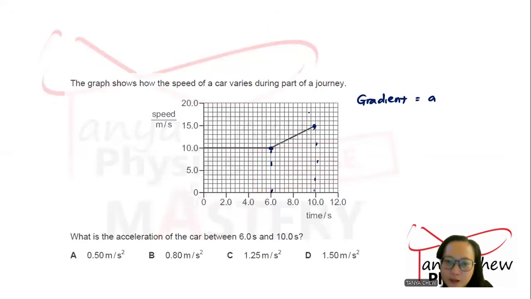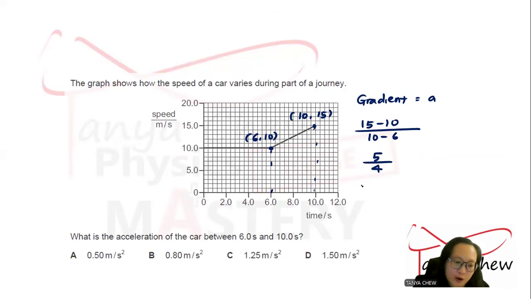Get two coordinates: this is 10 and 15, and this is 6 and 10. Gradient is (15 minus 10) divided by (10 minus 6), which is 5 divided by 4. So your answer is 1.25 meters per second squared. C is the answer.